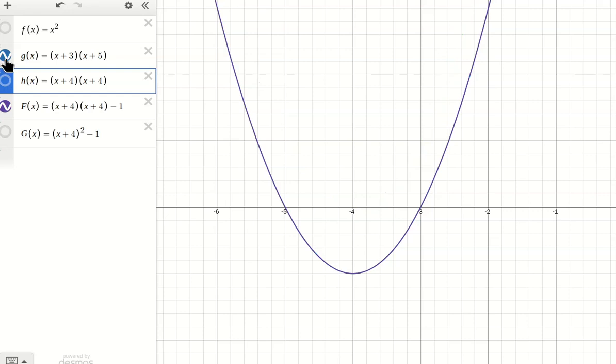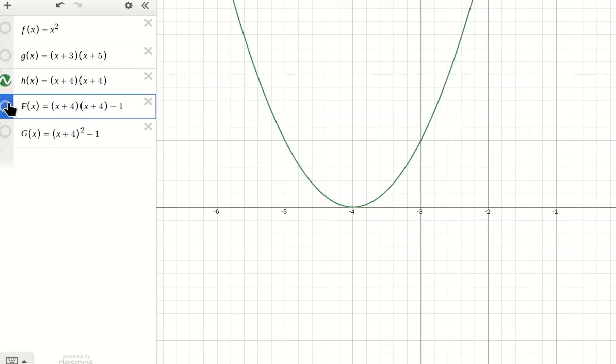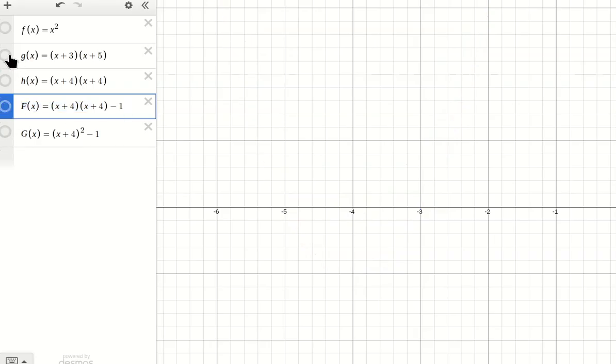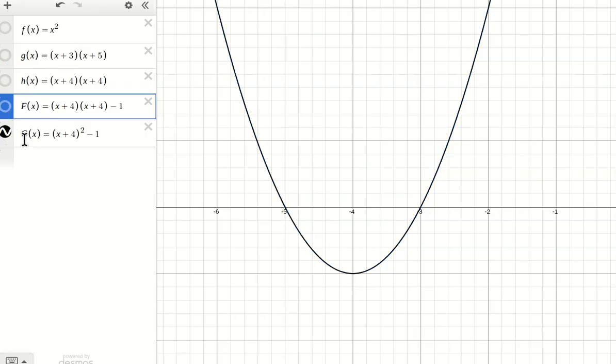We start with that and we move it down by 1, which is this capital F of x. Then we have the same thing as x plus 3 times x plus 5, which is what we just worked out in squares. So if we plot g of x, which is x plus 4 all squared minus 1, we get the little g of x that we're actually looking for.